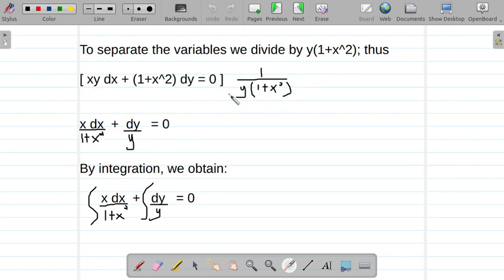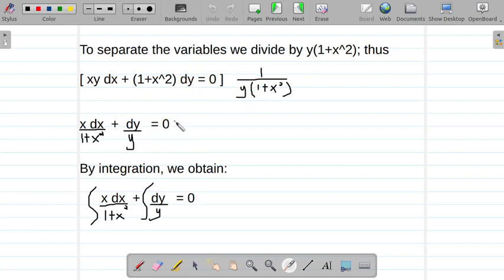What remains, when we divide xy dx by y times 1 plus x squared, is that y cancels out. What remains is x dx over 1 plus x squared. Then, when we divide 1 plus x to the power of 2 dy by y times 1 plus x squared, the 1 plus x squared cancels out, and what remains is dy over y.